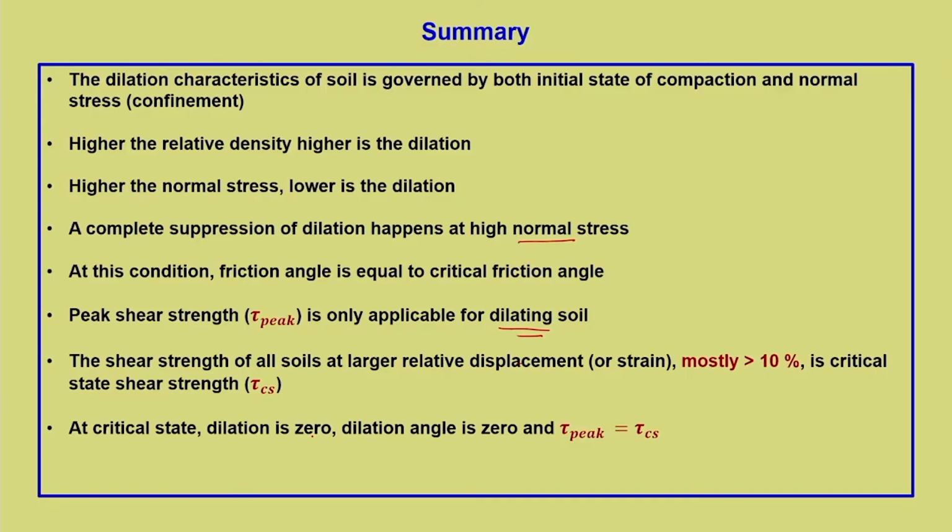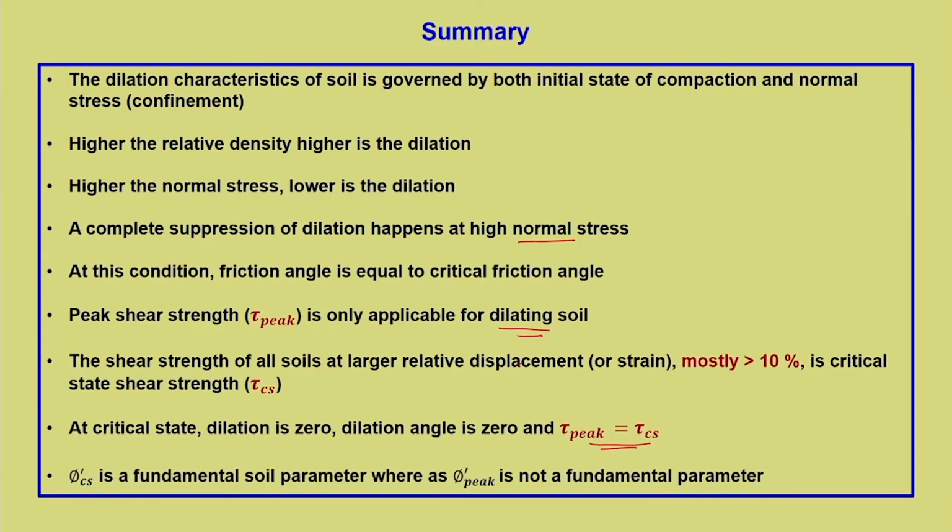At critical state, dilation is 0, dilation angle is 0, and hence tau peak is equal to tau CS. Phi dash CS is more like a fundamental soil parameter, whereas phi dash peak is not a fundamental parameter, because phi dash peak depends on whether dilation happens or not, whereas phi dash CS is not a function of that.